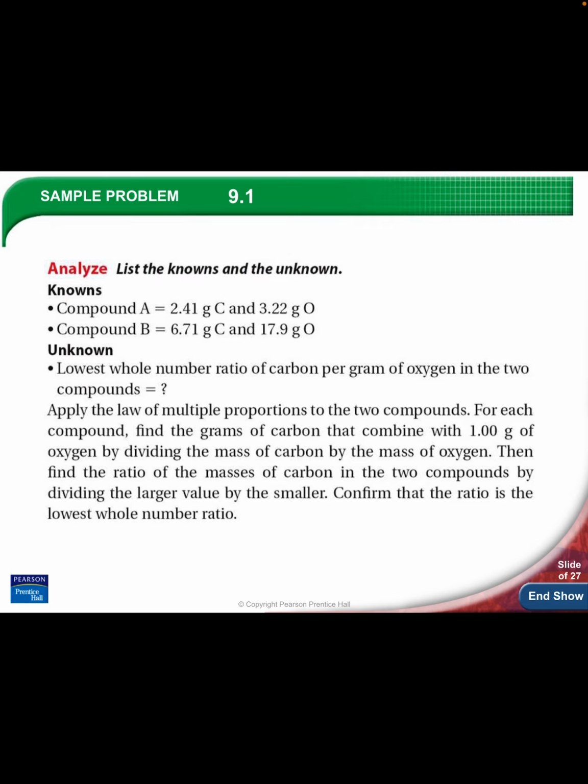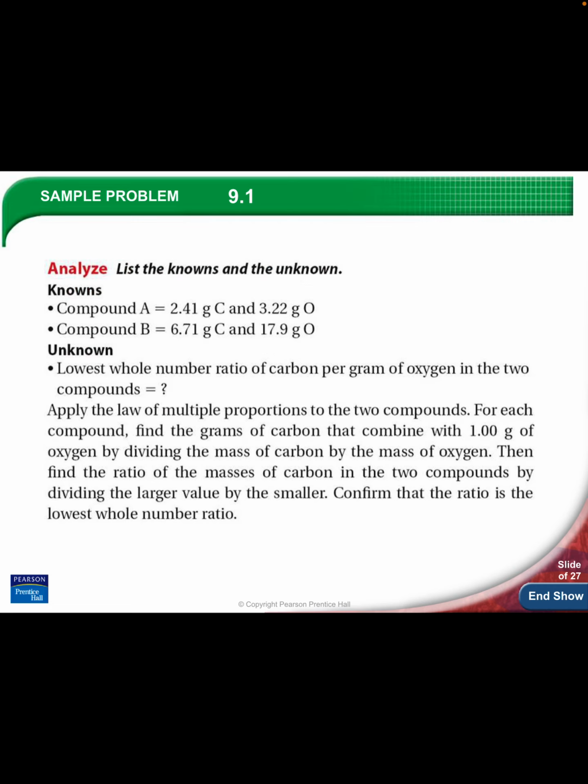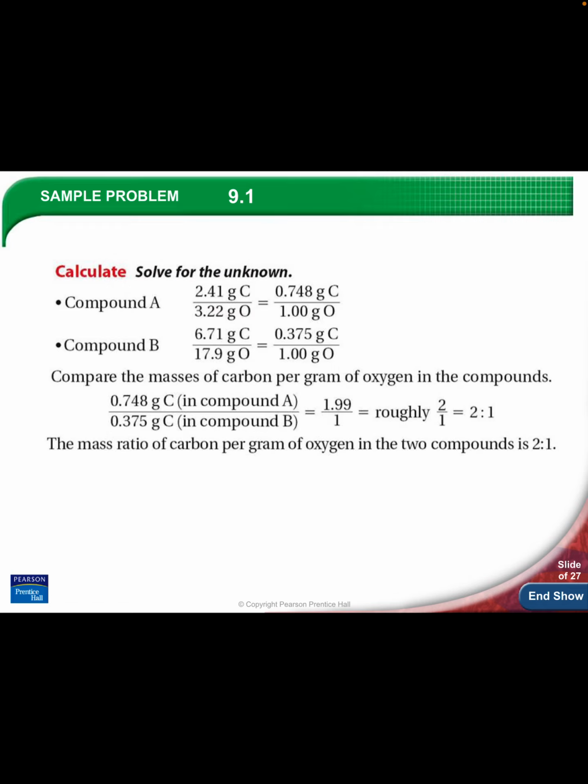In this example, where we had 2.41 grams of carbon per 3.22 grams of oxygen, if I were to put that to equal a ratio of X grams of carbon per 1 gram of oxygen, cross multiply and solve for X, I would get that X is equal to 0.748 grams of carbon, as shown in the top numerator in the first equation for compound A.